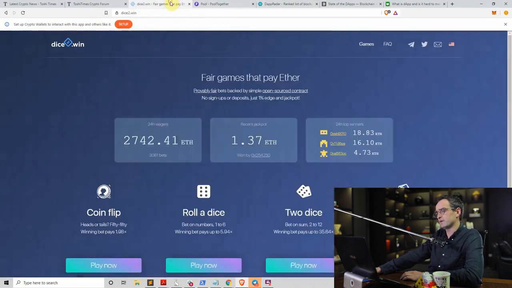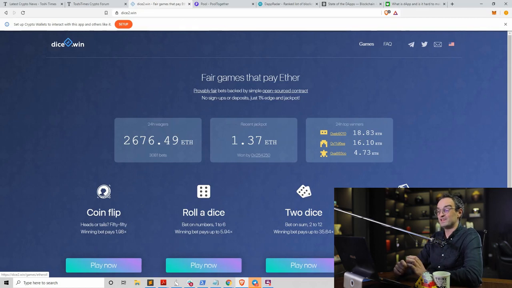So what does it mean to interact with a decentralized application? Let's take Dice to Win, for example. Dice to Win is a casino decentralized application. This GUI, this web UI front end, is just run on a central server where the common data is stored, but the smart contracts, when interacting with these different games, are run in a decentralized manner, where there's not one central party or one house that can change the metrics or say, hey, I see this guy is playing, I'll change the data so the house wins more.